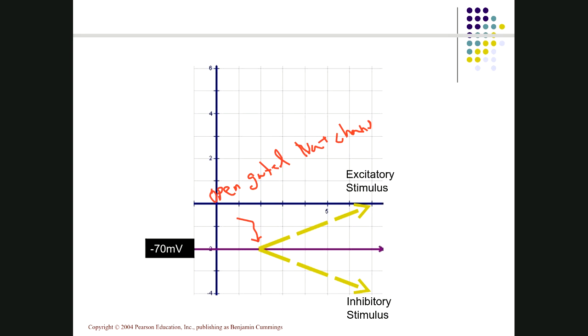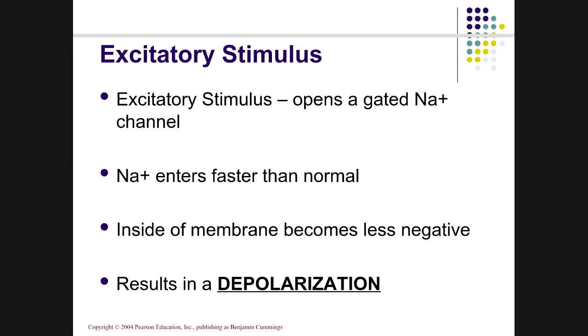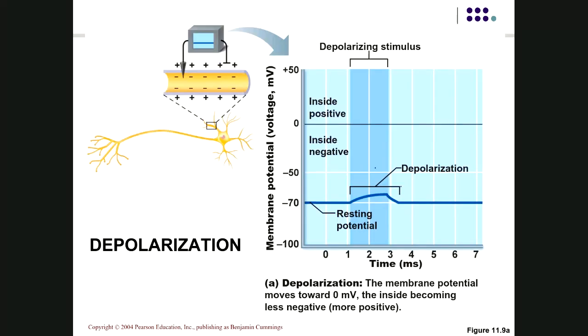And I'm going to move towards zero. Again, that's an excitatory stimulus, and it's called a depolarization. And we can see that exact thing right here. So, sodium is associated with depolarization.